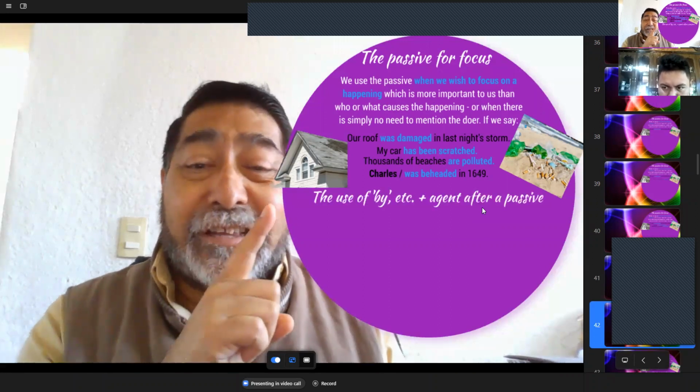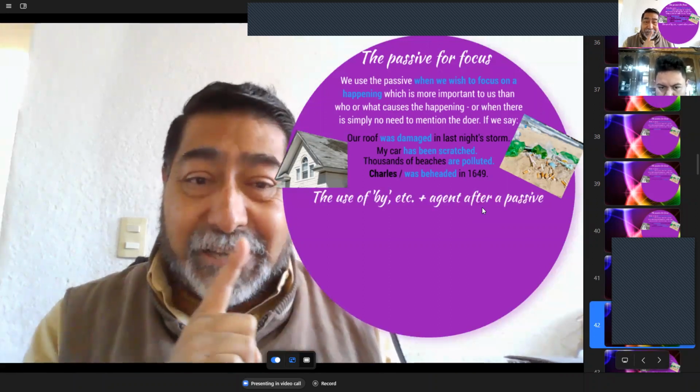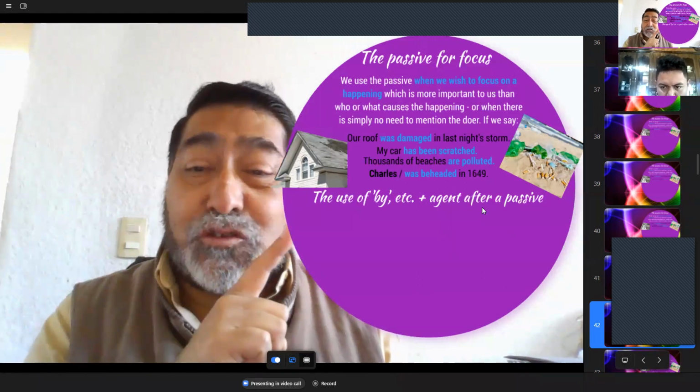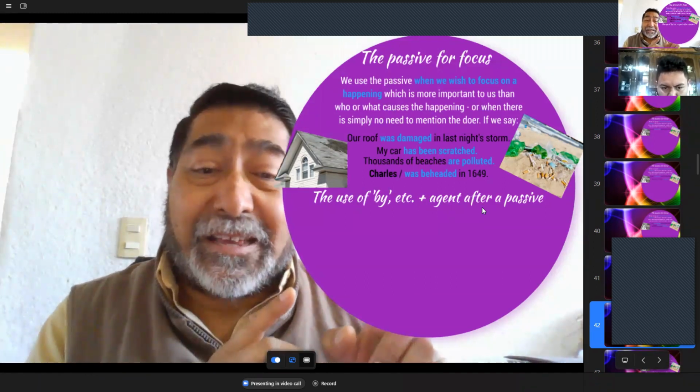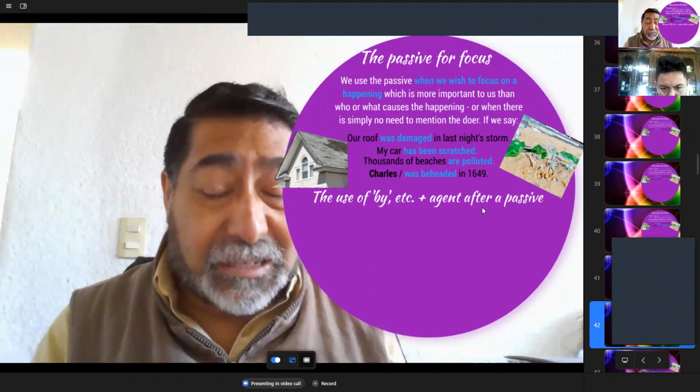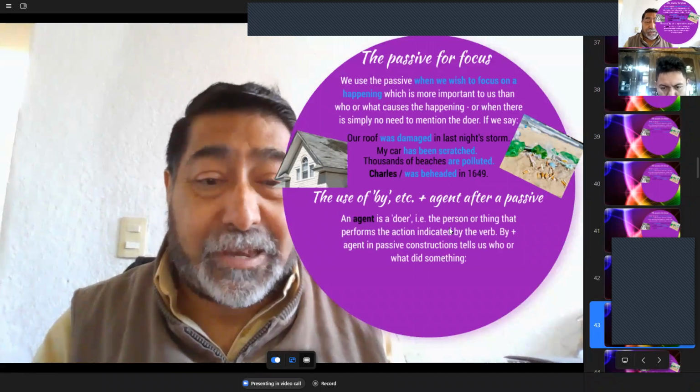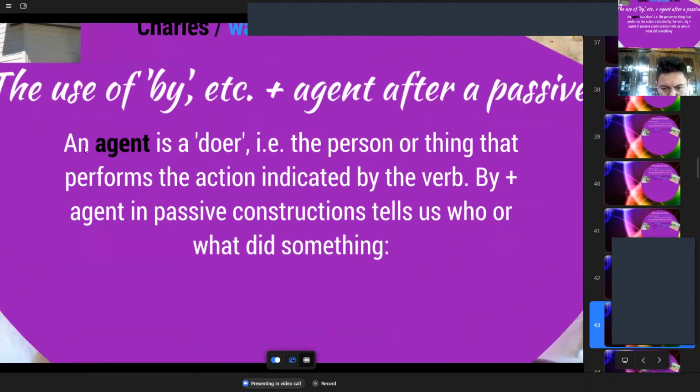Now, the use of by. Remember that in the examples that I wrote here, I use by. So the use of by plus the agent after the passive is to indicate the doer of the action. Can you help me with the reading, please? Can you read it, Salvador?